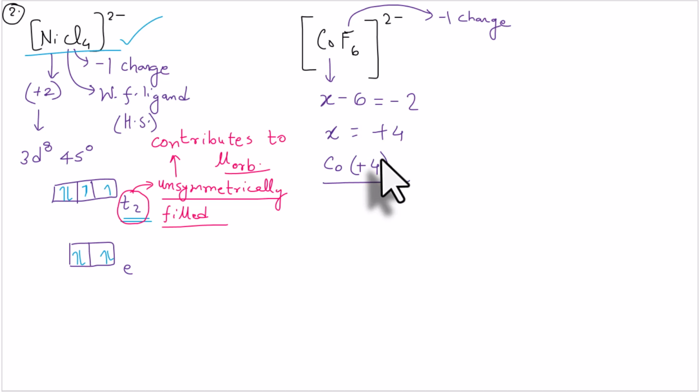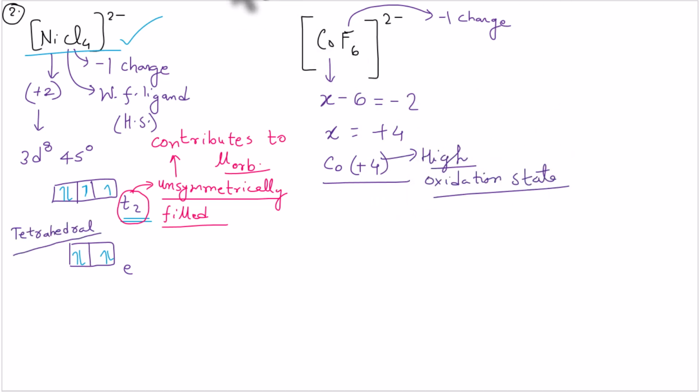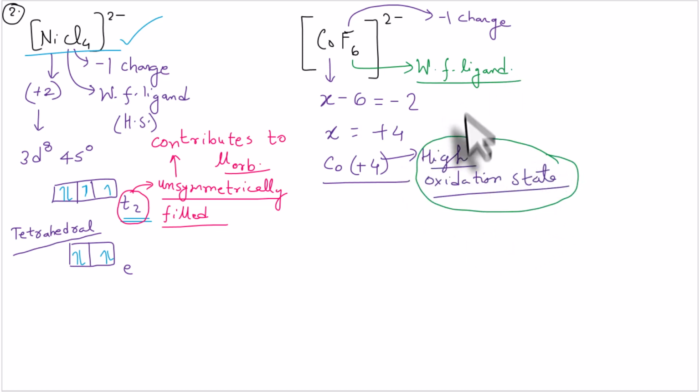So it's a very high oxidation state of cobalt, and we have the fluoro ligand, which is otherwise a weak field ligand. But this is a special case where, due to the high oxidation state of cobalt, this weak field fluoro ligand acts as a strong field ligand.